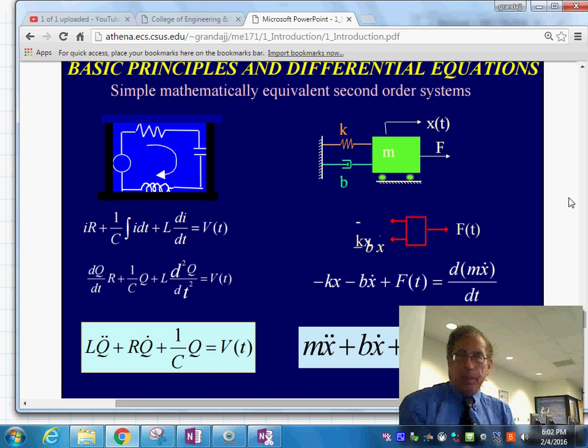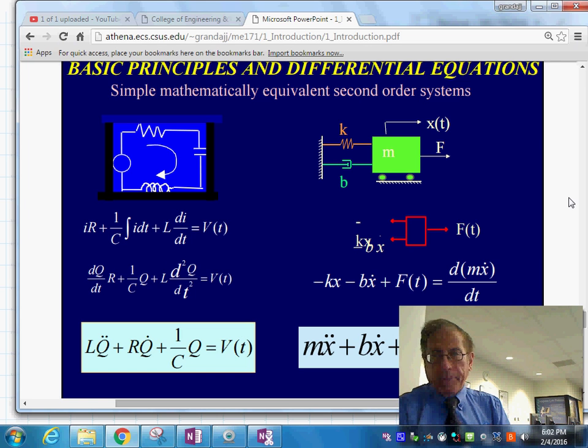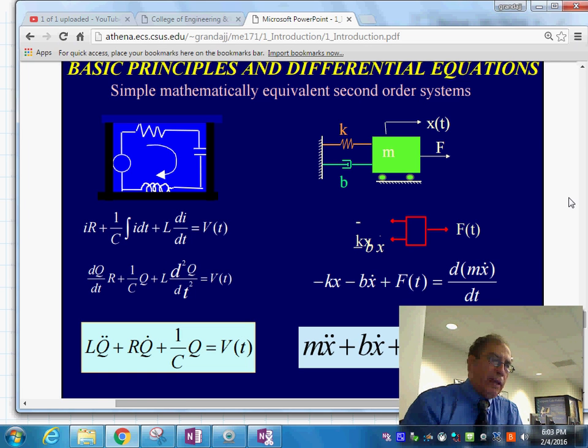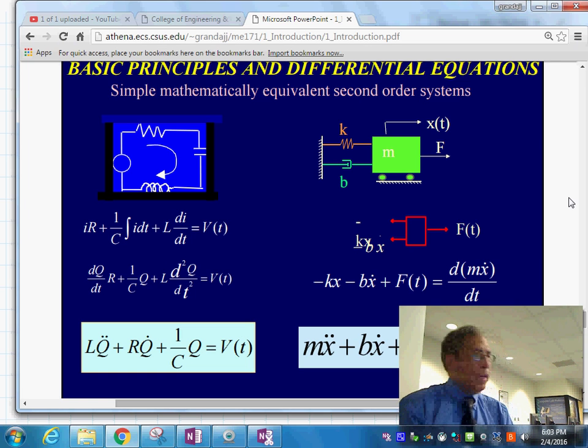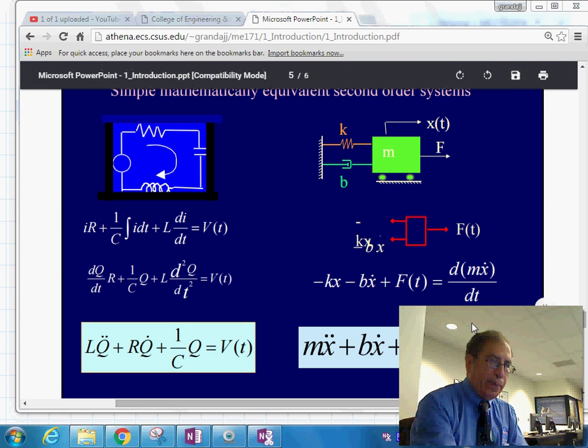So we'll explore these systems in parallel, both with the block diagram as well as the bond graph method. First, because we have the equations here, we're going to go with the block diagram method. And so we'll begin now.